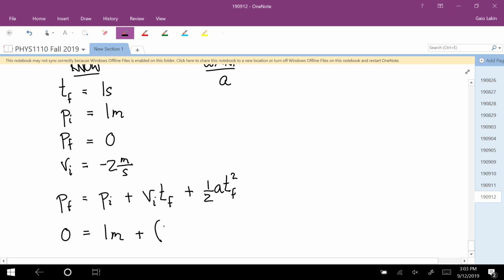plus -2 meters per second times 1 second plus 1/2 times A times 1 second squared.